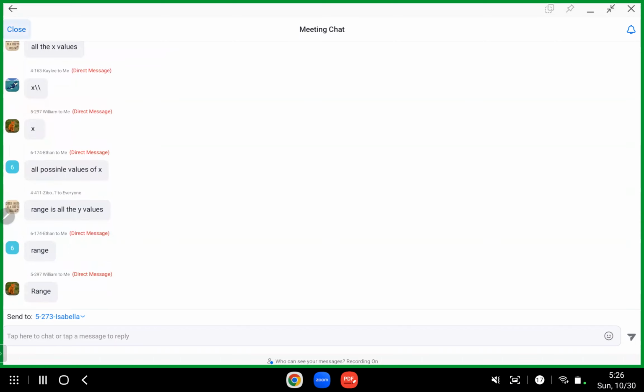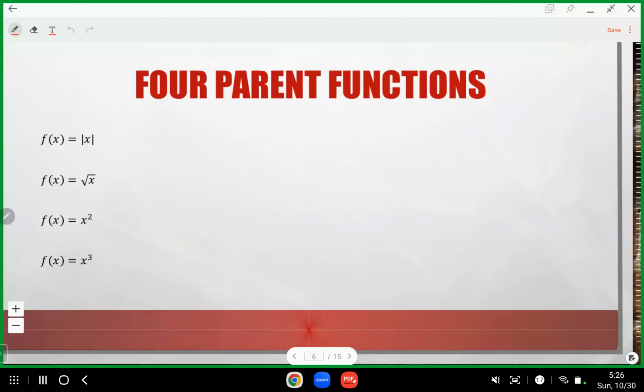So basically, remember that a function is a correspondence from the domain to the range. So it's like input and output. Your input is x, and the output is y. And an x cannot correspond to multiple y's.